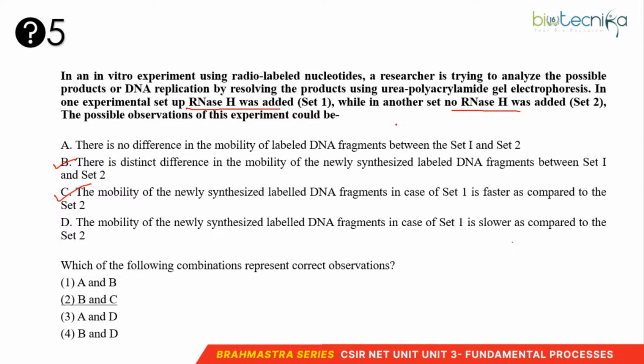So you have dNTPs and rNTPs. So the mobility will be different. Whereas in the case of set 1, you just have the dNTPs. No rNTP is there. So in the case of the first one, it is faster as compared to the set 2. So that means statement D is wrong. Okay, so the correct statement here is B and C.